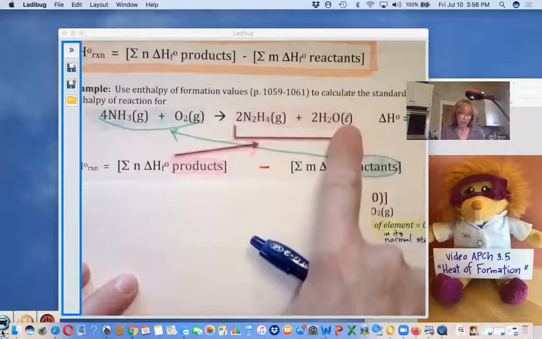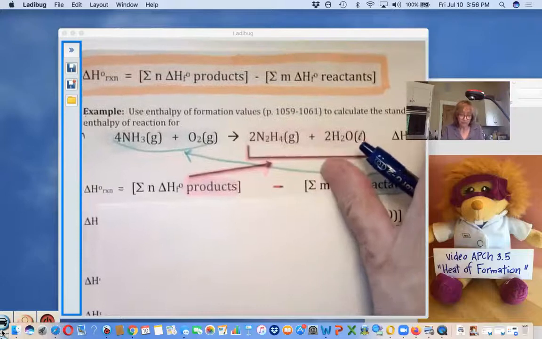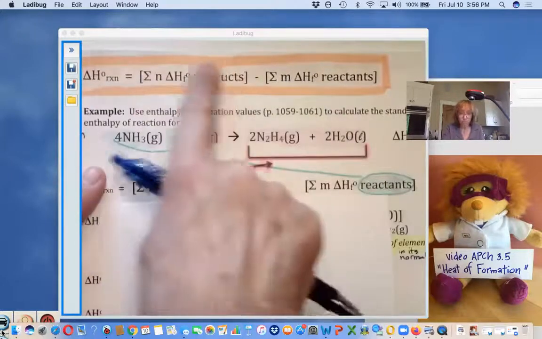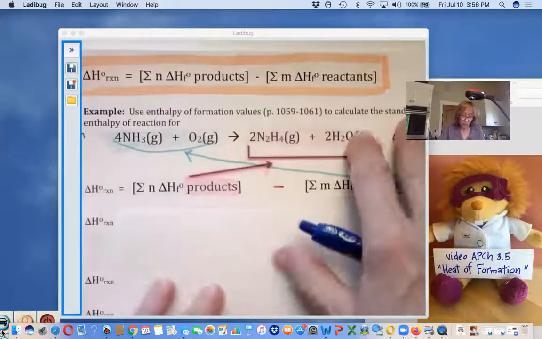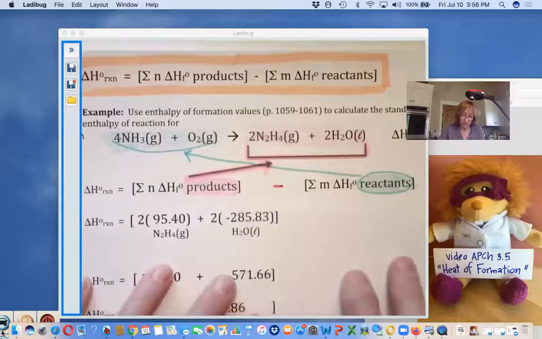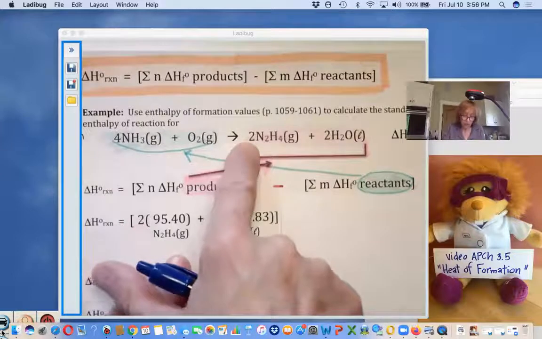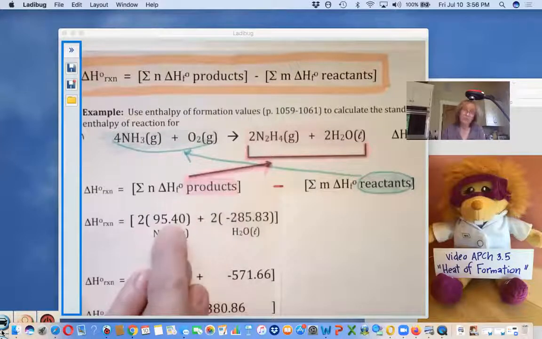So make sure you're finding the right one. Okay, so again, this equation has me focusing on products first. Here are my products. So I'm going to take 2, because of this, 2 times the heat of formation value of N2H4. Okay, this positive value is given in that table that I referenced before.